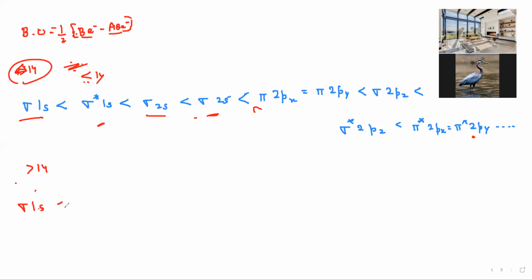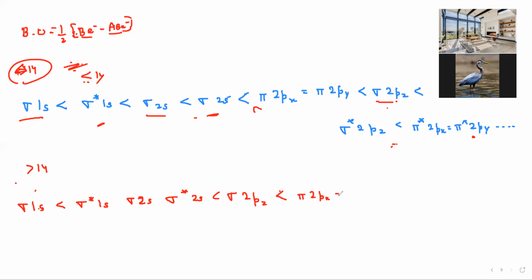Sigma 1s, sigma antibonding 1s, sigma 2s, sigma antibonding 2s, then no, it's pi. I told you, a little bit of difference. The sigma 2pz will come first.